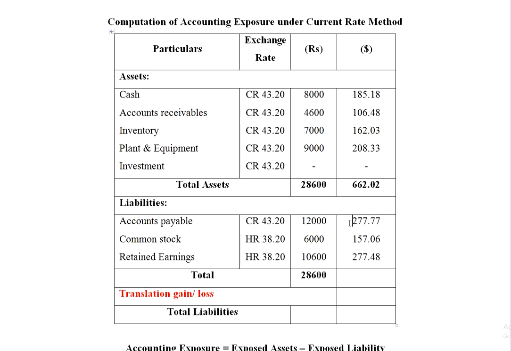So if you add all these 3 things, the value is going to be 712.31, which is this one, which is this total is slightly higher than this total assets, so you have to match this.